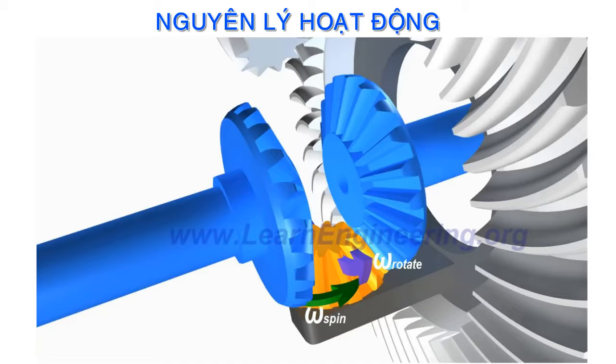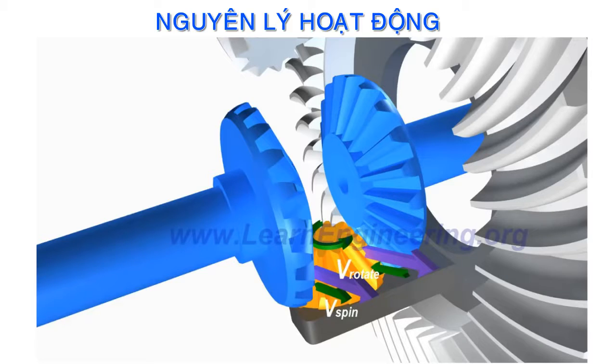When properly meshed, side gear has to have same peripheral velocity as that of the spider gear. When the spider gear is spinning as well as rotating, peripheral velocity at the left side of spider gear is sum of spinning and rotational velocity. But at right side, it is difference of the two.